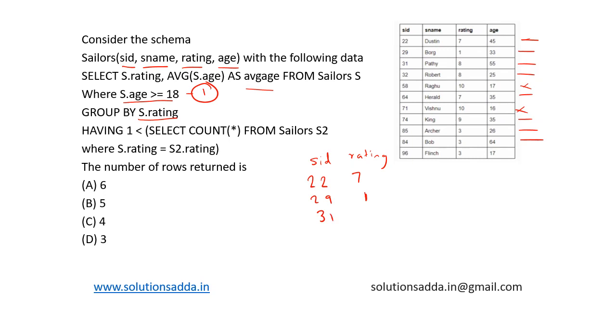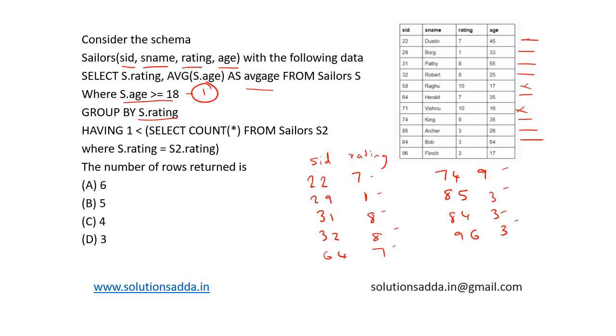We have 31, rating is 8. 32, rating is 8. Then we have 64, the rating is 7. Then we have 74, rating is 9. 85, rating is 3. 84, rating is 3. 96, rating is 3. 9 rows will be written based on the where condition.